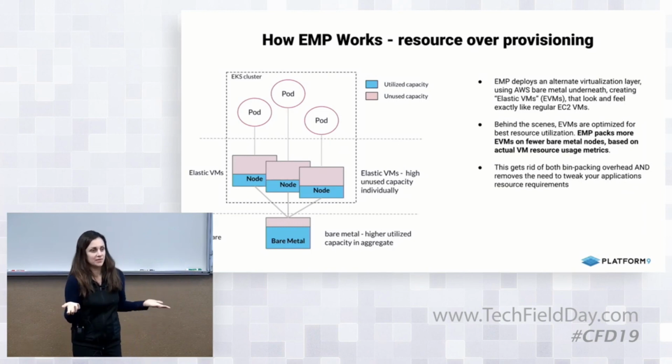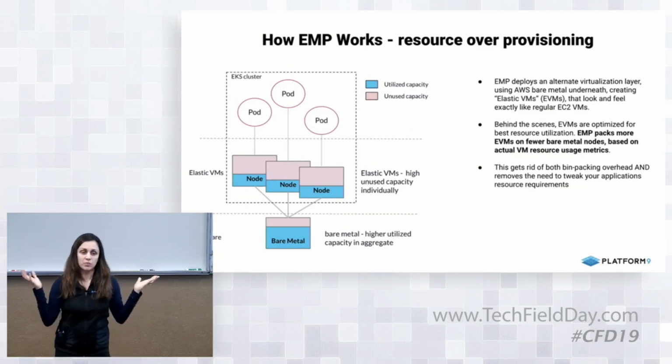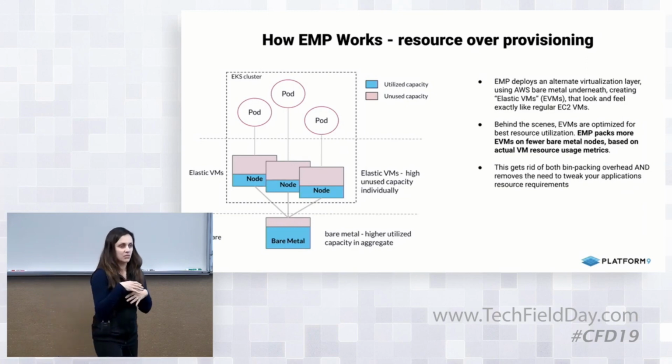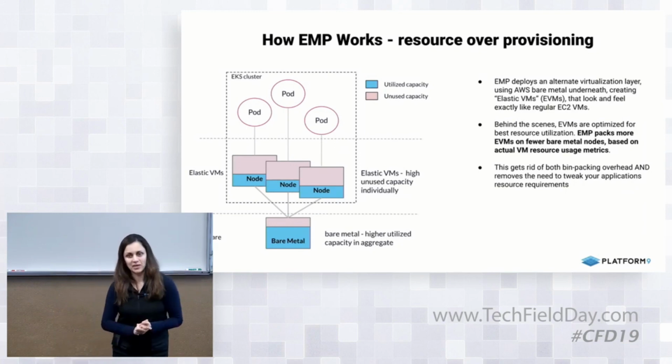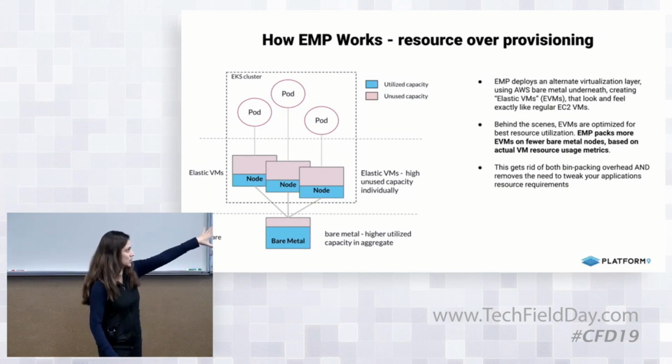If I have 10 VMs, each requiring 5 GB of memory, total 50 GB, I will put all 10 of them on a single server physically configured with 25 GB of RAM. By doing that, I'm betting that none of those VMs, in that extreme case at least, are ever going to use more than 50% of the allocated memory. So that's one thesis of EMP.